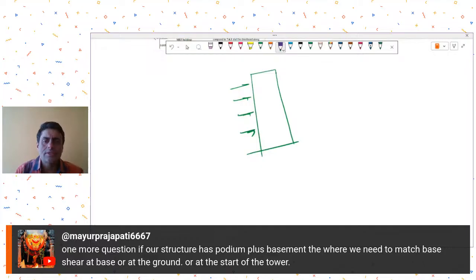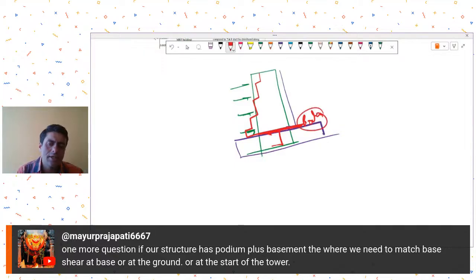Now, it is not very clearly given what you should do if you have a podium and there is a case of shear reversal happening. That thing is not clearly given anywhere. But let's say you had this podium level and a shear reversal was happening, that means my shear forces were adding up like this, and suddenly the shear force changed its sign due to a large reaction from the podium.